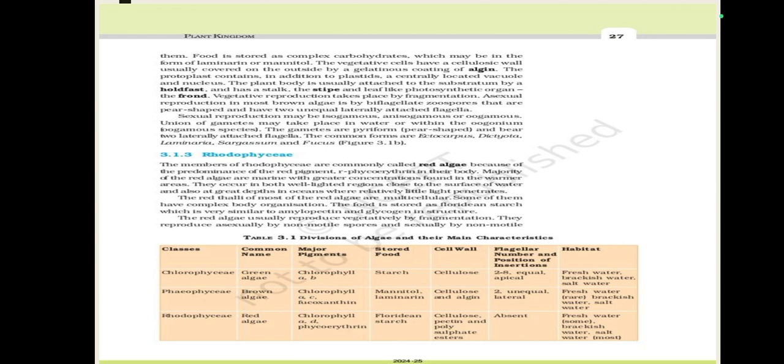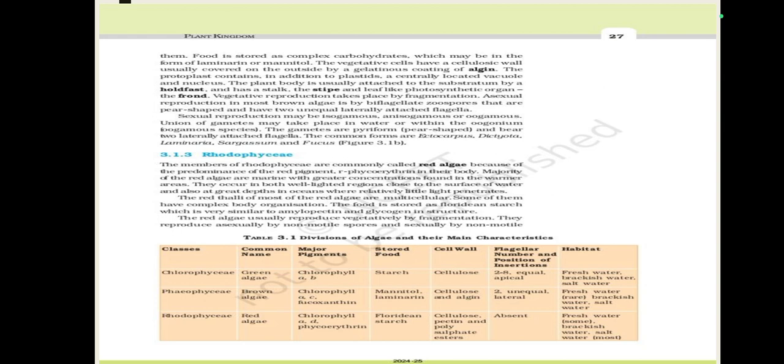Table 3.1: Divisions of algae and their main characteristics. Common name: green algae, Chlorophyceae. Chlorophyll a and b are major pigments. Stored food is starch, cell wall is cellulose, flagellar number and position 2 to 8, equal, apical. Habitat: fresh water, brackish water, salt water. Phaeophyceae, brown algae: chlorophyll a, c, fucoxanthin, mannitol and laminarin as stored food, cell wall cellulose and algin.